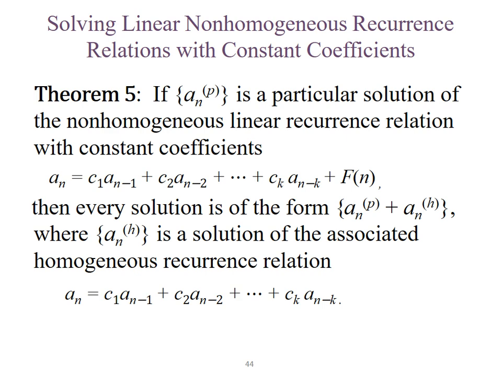Then we also need to discover the particular solution a_n^(p) for f(n). The solution will be a_n^(p) plus a_n^(h). Then we just need to discover the coefficients, alpha 1, alpha 2, by applying the initial condition, and then we can discover the final closed-form solution.